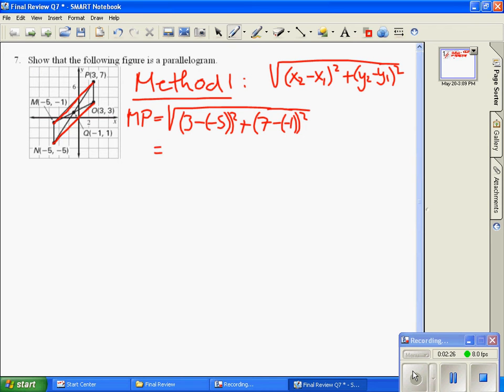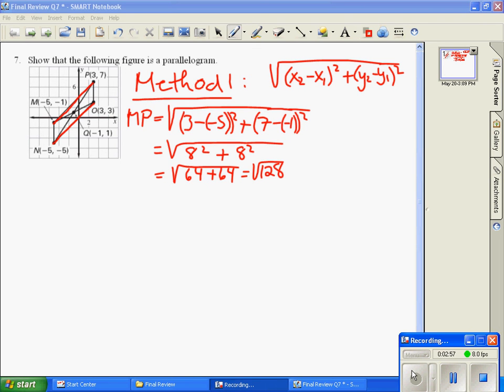So we have square root of 8 squared plus another 8 squared. Okay, so square root of 64 plus 64, so square root of 128. And now pull out your calculator and let's find the square root of 128. Okay, so that square root is equal to 11.31. Okay, so that's the first side.